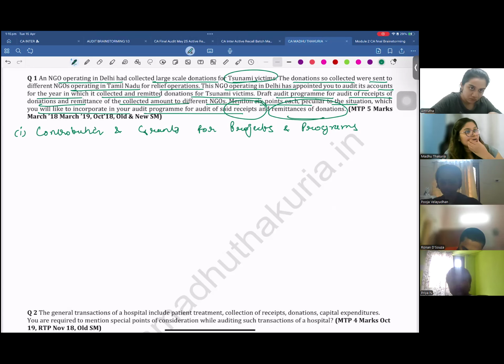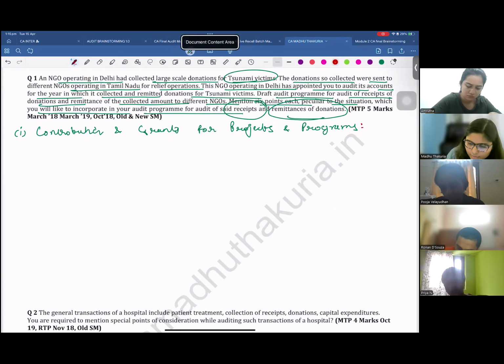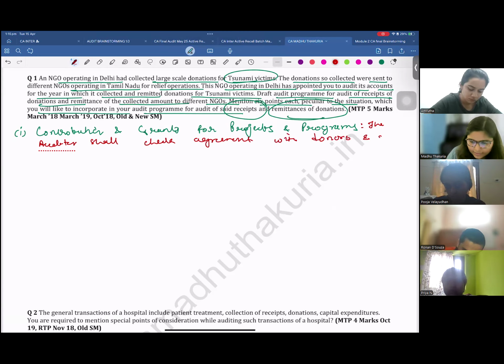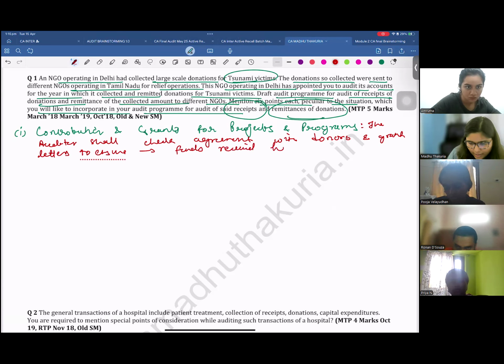We first check the contributions and grants for projects and programs, where you will say the auditor shall check agreements with donors and grant letters to ensure funds received have been accounted for. So this is substantive testing.